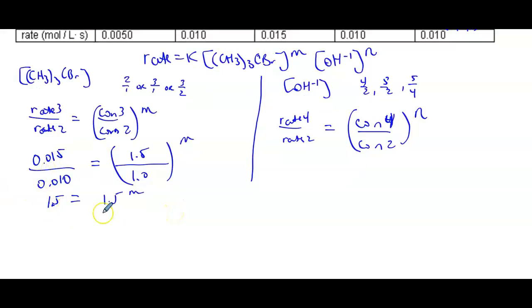We forgot to do the ln of that first. The ln of 1.5 equals the ln of 1.5 to the m. And just for purposes of showing you that it'll work out okay, I'm going to go ahead and plug it into my calculator, although I think most of you can probably already see what that's going to give us.